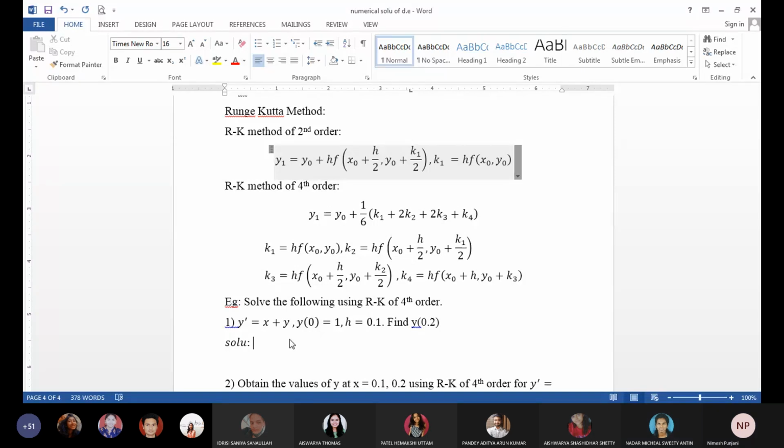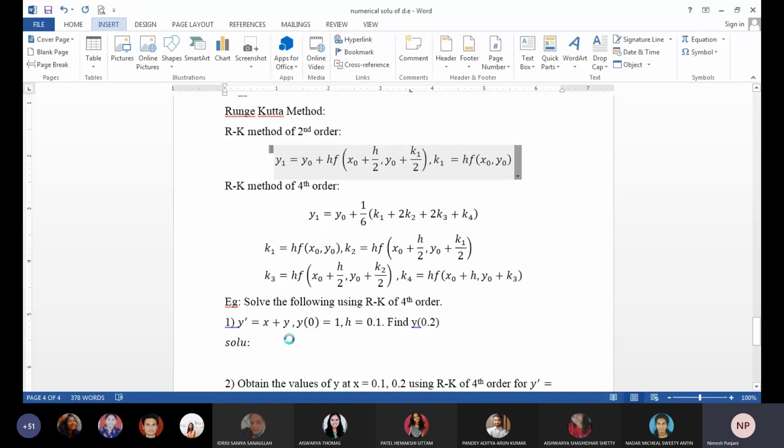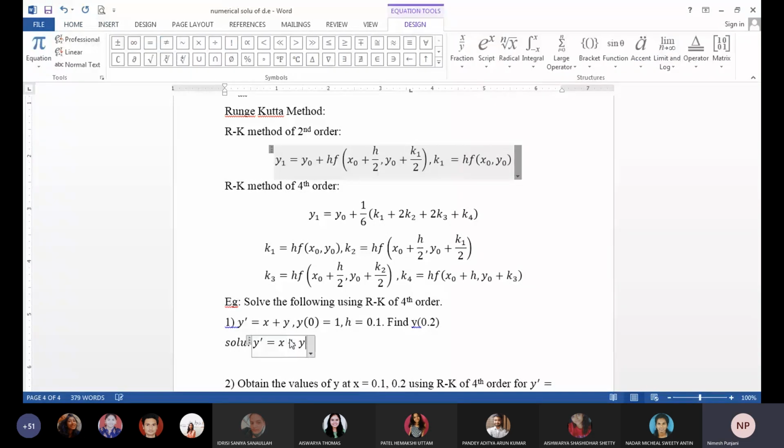ओके, so we start with y dash equals x plus y with y of 0 as 1. So what is my f of x comma y? X plus y. What is my x0? 0.